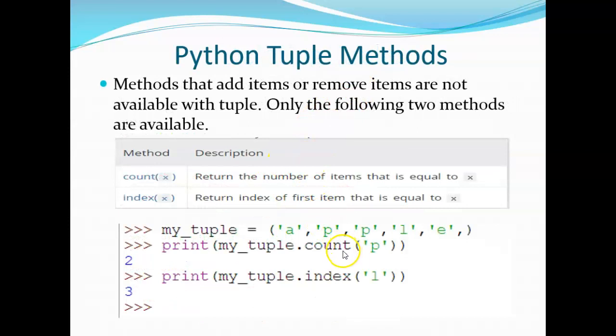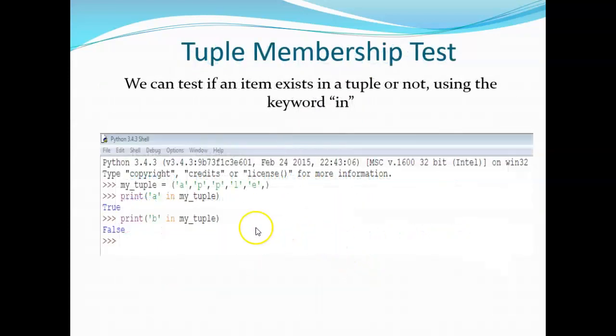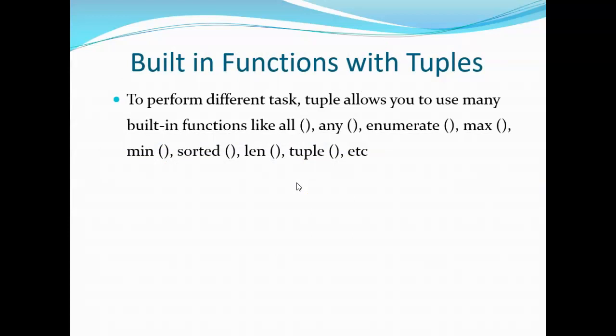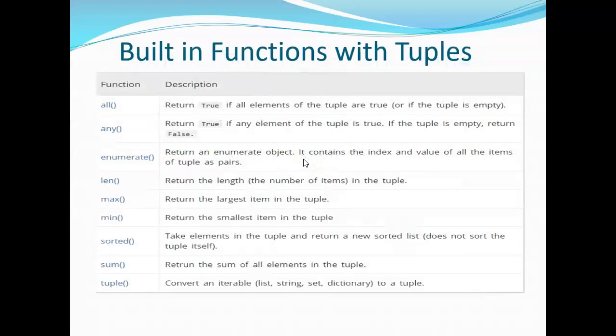Of course, we have the methods count and index. Tuple membership operator: membership test, print a in, b in. You will find it like that. Built-in functions with tuples include all, any, enumerate, max, min, sorted, length, tuple. You try all these at least once in Python IDLE.